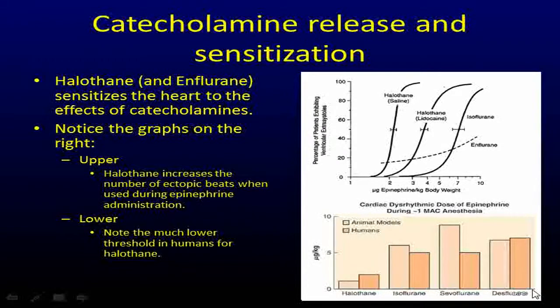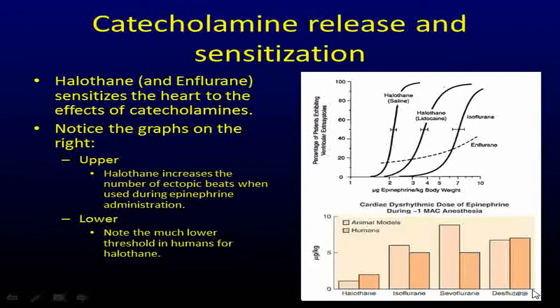And so somebody in Barash, the last edition, said let's look at the modern anesthetics. And I have a feeling they put the graph like they did because it's very rare to see a surgeon give epinephrine now at the end and see this dysrhythmia.